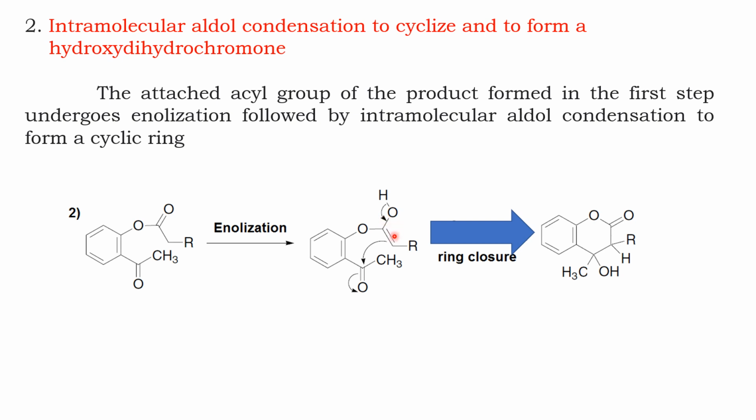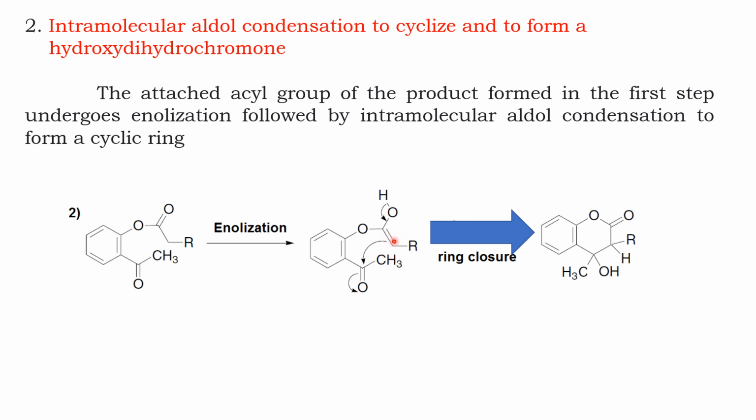As a result, this carbon double bond attacks the carbonyl carbon atom of the ketonic group attached to the benzene ring. So here a phenol was connected here. Now we have a ketonic group attached to the benzene ring here. So this enol attacks this CO. And we know in aldol condensation, in the primary step an enolate anion is generated.